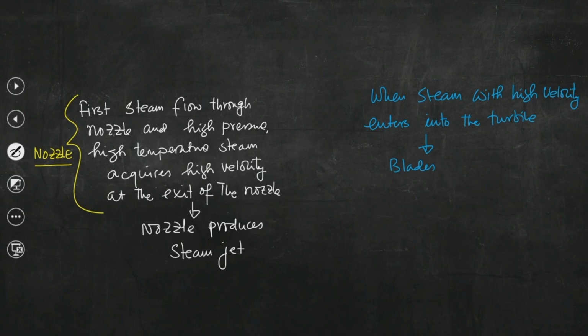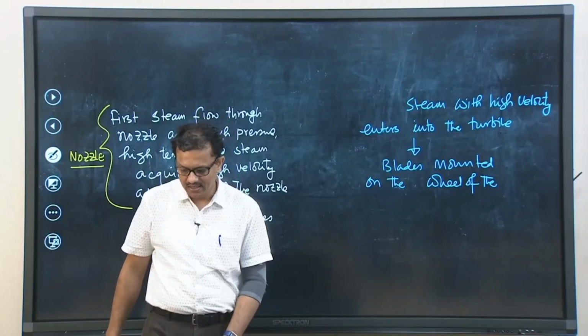or I can erase this. So, steam, blades mounted on the wheel of the turbine. So, blades are mounted on the wheel of the turbine, right.